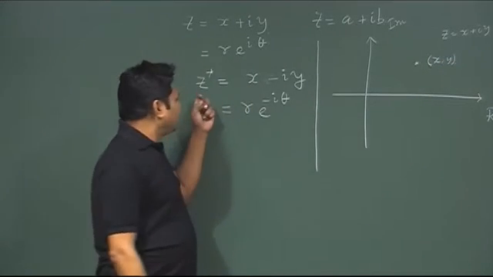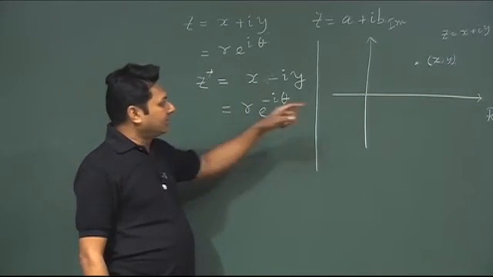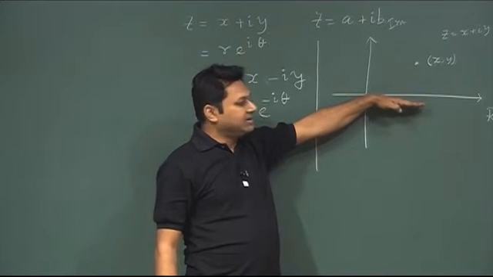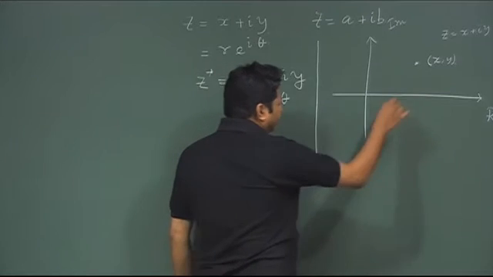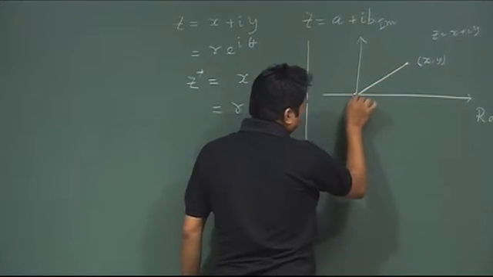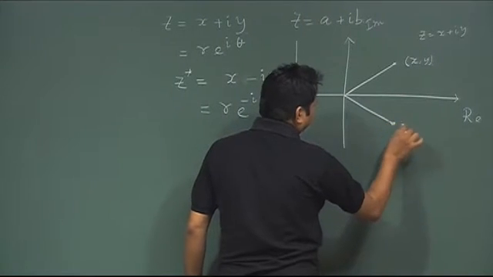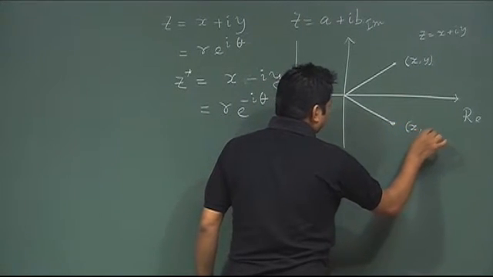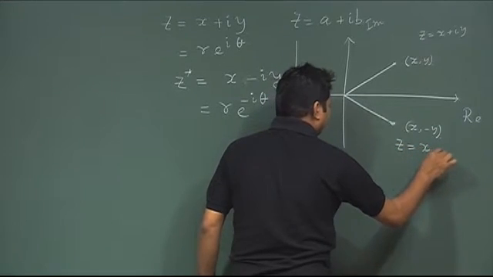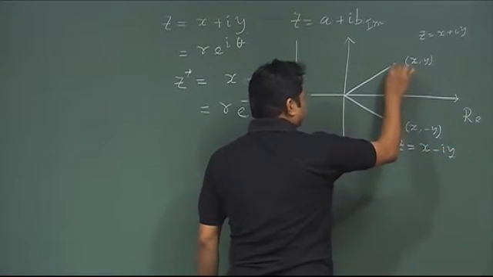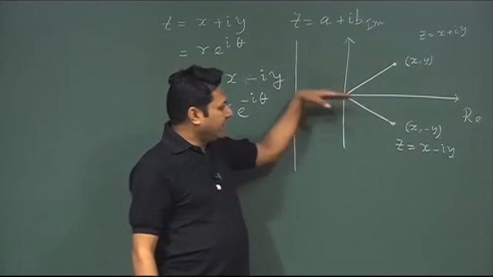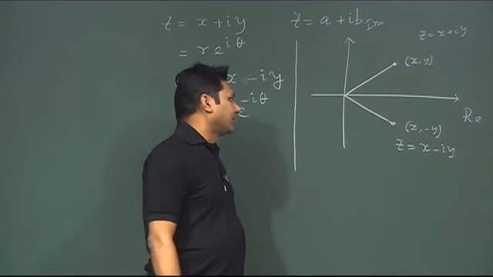So z star is nothing but the replica, or the image, of this point in the real line. If this point is x plus i y, I will have another point here which is x minus i y, which is just the image of this point against the real axis, as simple as that.